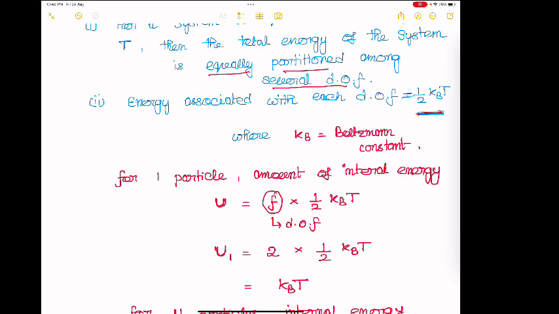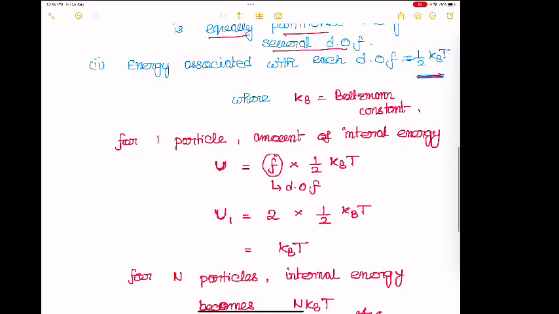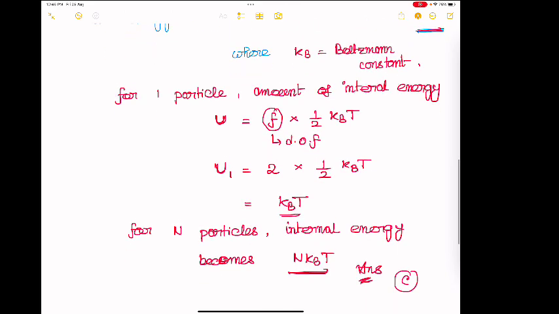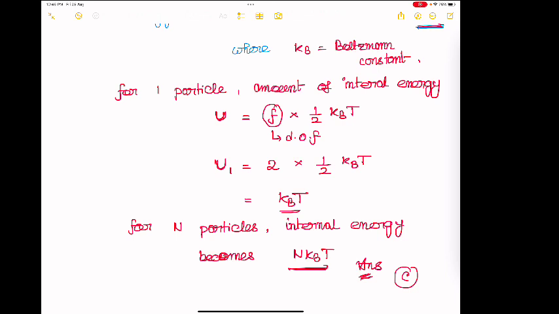Therefore, for one particle, the internal energy will be 2 into half kBT, which is kBT. Now for n particles, the internal energy becomes n kBT. Therefore, n kBT is the internal energy of the system.